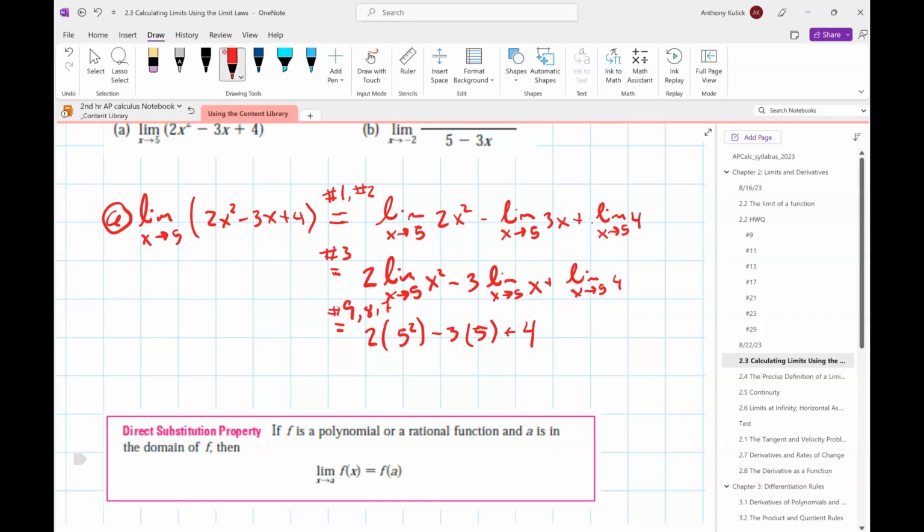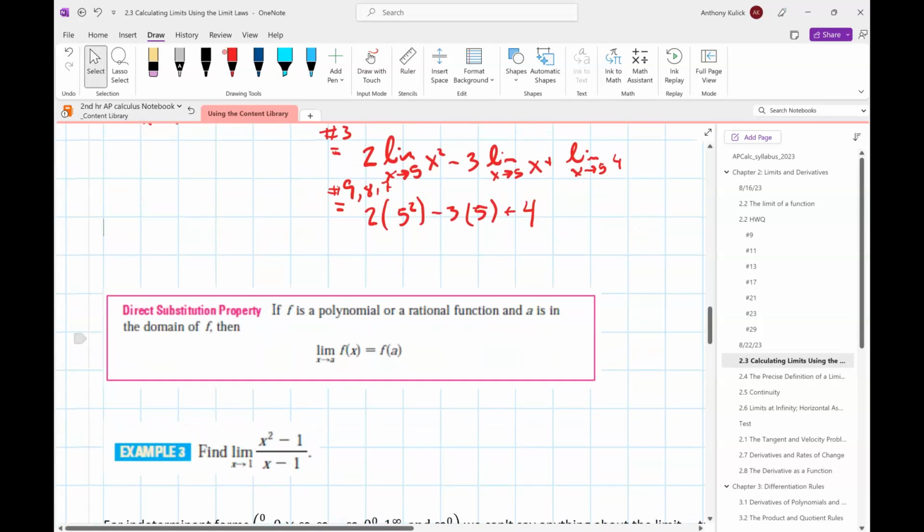This is just a train of equal signs, right? Each step above it is equal to the step below it. You know what I'm saying? Yeah, Jacob? I don't get why we can't just skip to the last one and just plug in 5 for x. Well, that's what the next property is going to say.